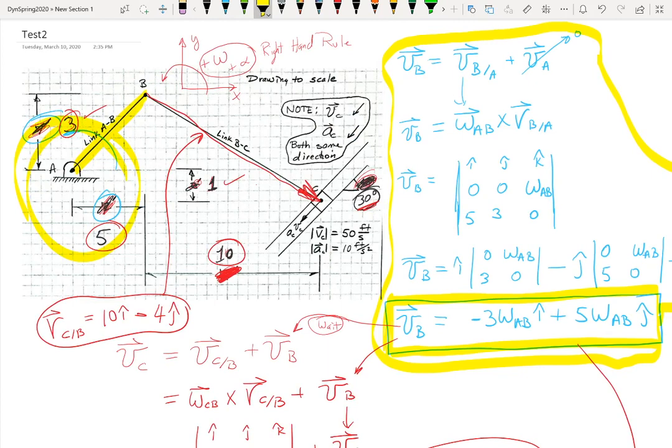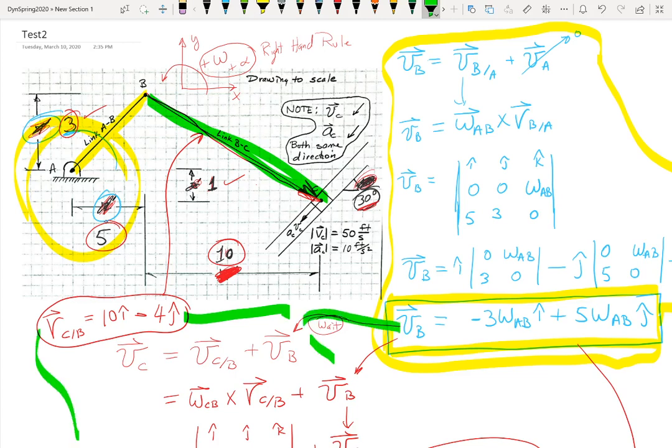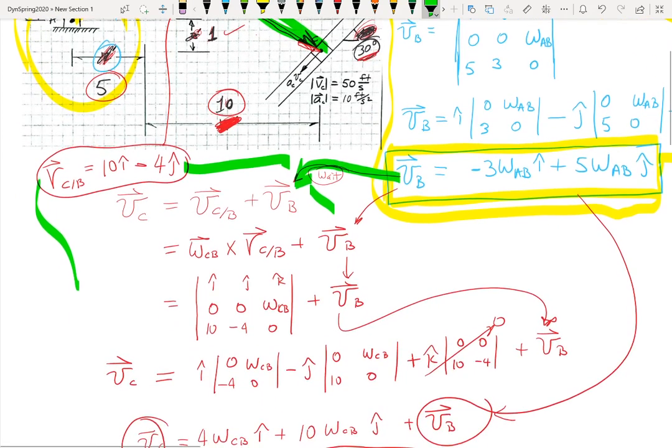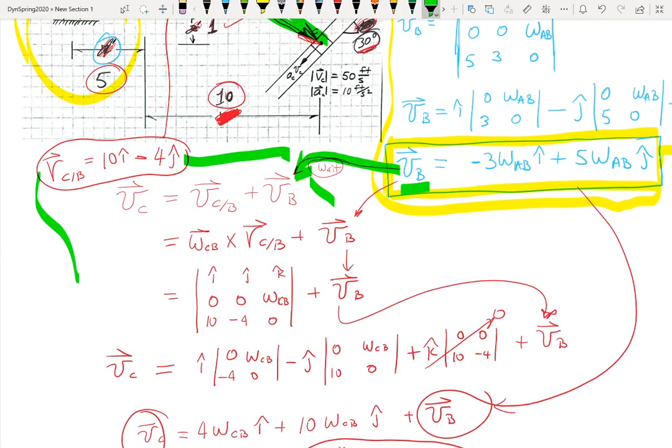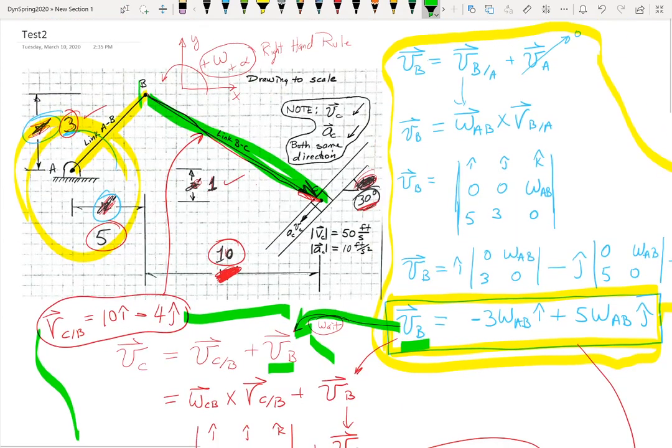Then we went down this link. When we went down this link, we had a new set of equations. But what you see is some of those came across. The velocity of B came across and appeared here because B is on both links.